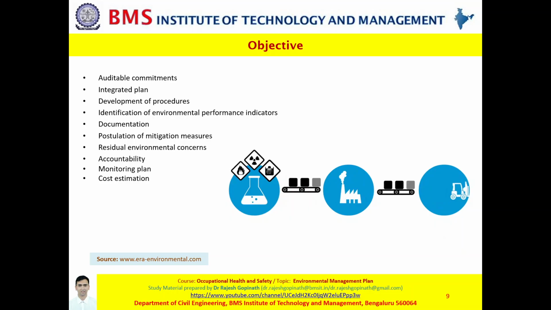Please understand, whenever we speak about environmental management plan, it is basically not an individual plan, it is a strategic integrated plan. As you know, in an industry there are different shop floors. In an industry there are different kinds of machineries, different kinds of operations. Everything comes with different timelines and different kinds of hazards.